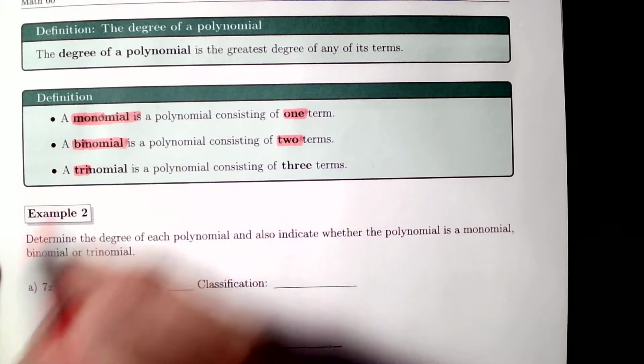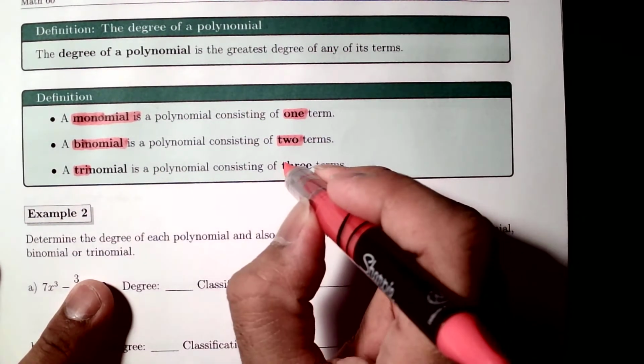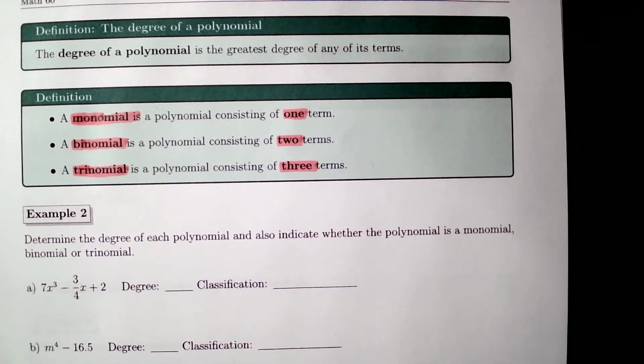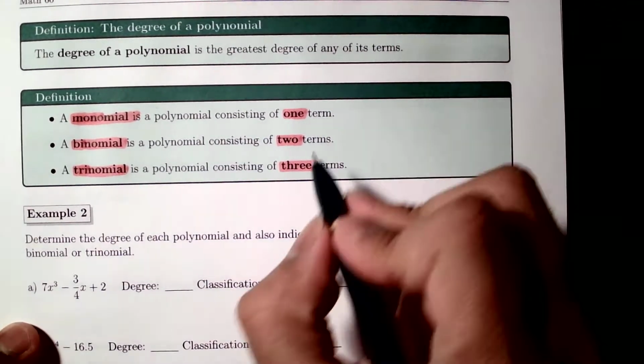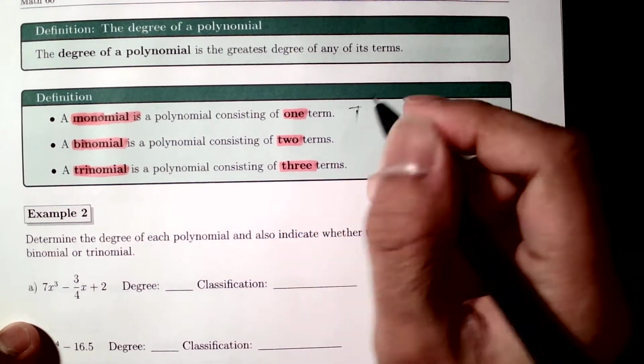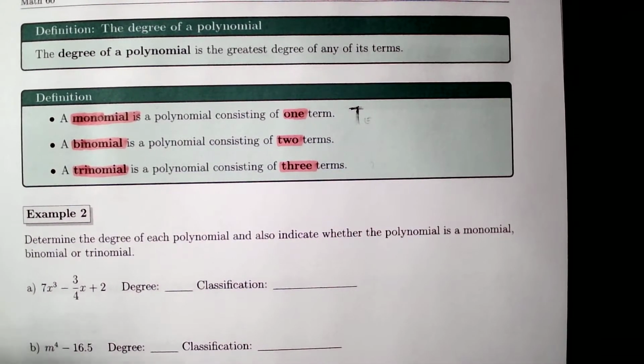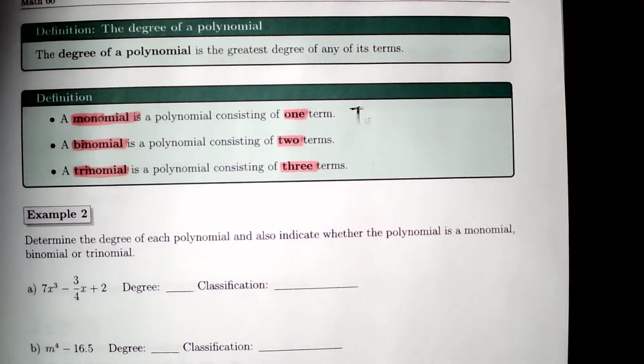Trinomial: tri means three terms. And of course we can keep going with more terms, like tetranomial.